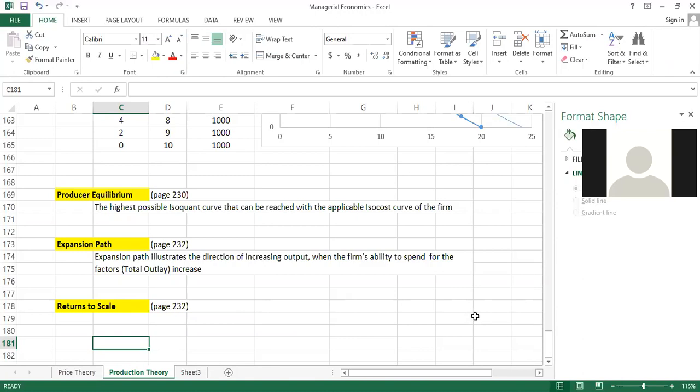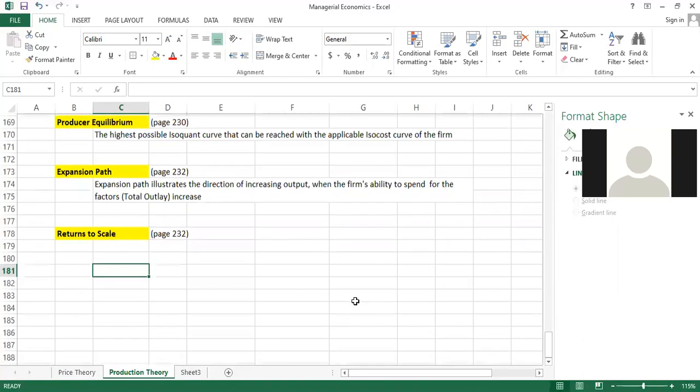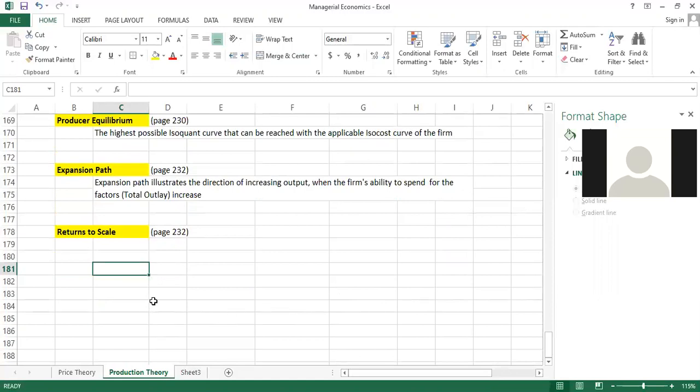That is the benefit the firm can get when they produce large output. There are a number of reasons for that, but returns to scale is very much related to this. It is a related concept, and returns to scale is mainly related to production.